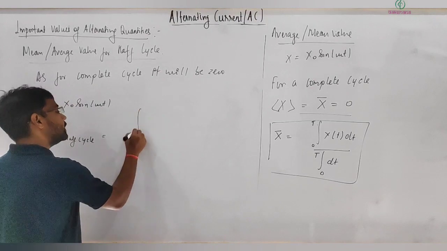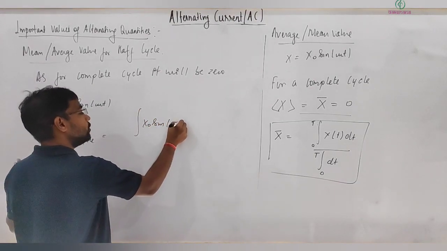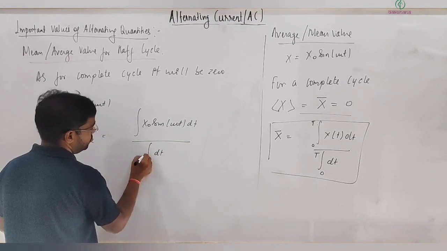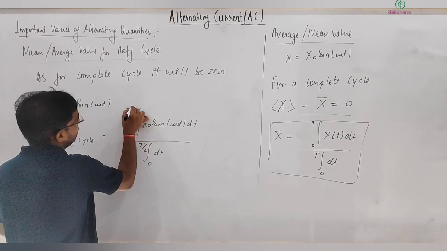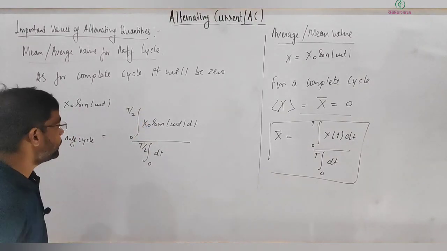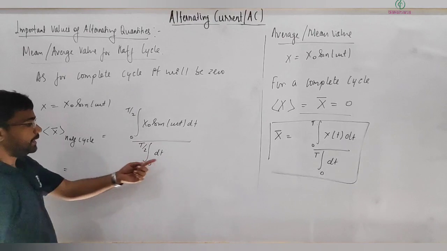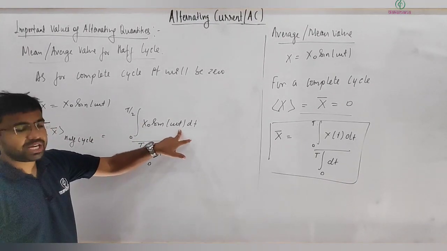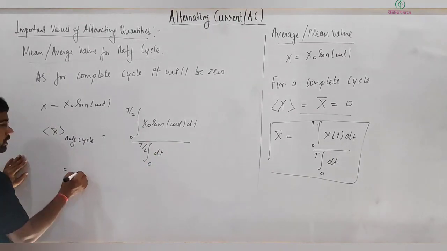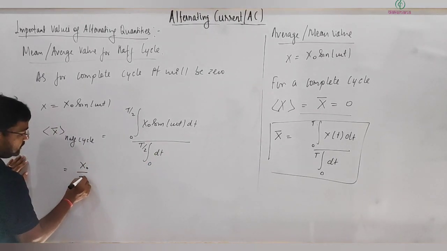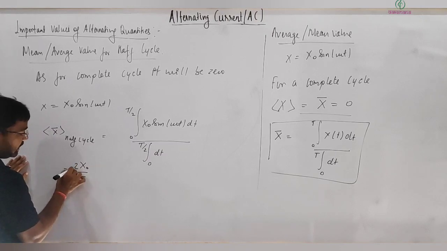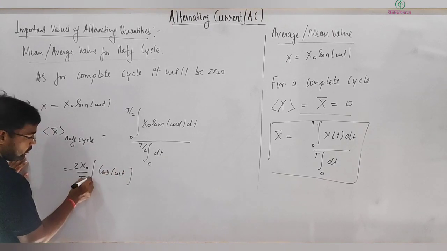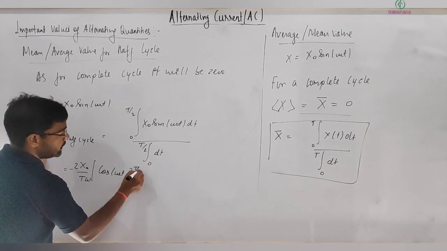So x average for half cycle will be equal to the integral of x naught sine of omega t dt divided by the integral of dt, from 0 to T half. Clear? This implies, taking x naught out, the integration of sine omega t dt will be minus cos omega t divided by omega. So I am writing x naught by T half, into minus cos of omega t divided by omega, 0 to T half.